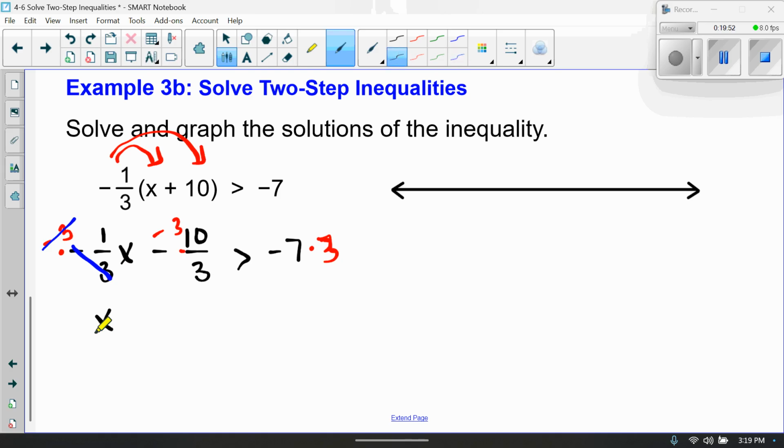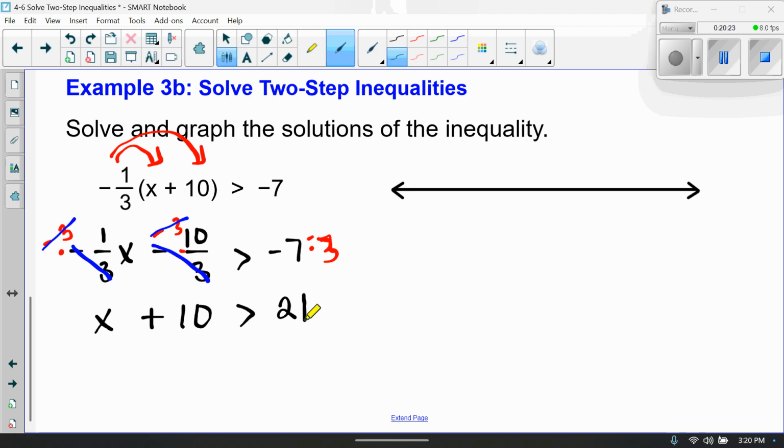And 1 times x is x. And then over here, this negative 3 and this negative 3 cancel, so that's going to be positive 10, so plus 10, is greater than, oh, I'm supposed to be a negative 3 over here. So negative 7 times negative 3 is positive 21.